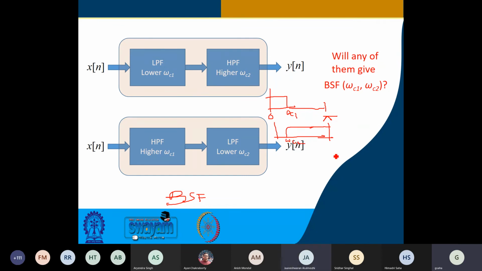Somebody wanted to say something? Sir, we can take the low pass filter's cutoff to be above the pi range, above fs by 2 or something like that. Means they both should have different sampling frequencies. That is not what you will get in a practical system. Two different sampling frequencies? XM is XM. Somebody has sampled it.